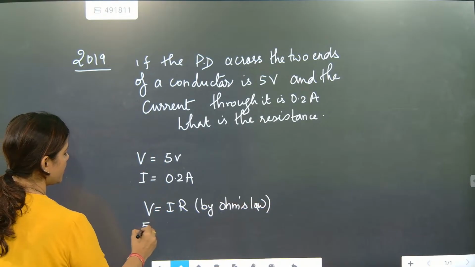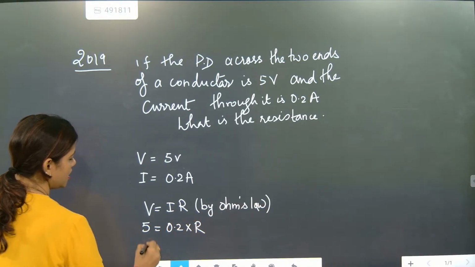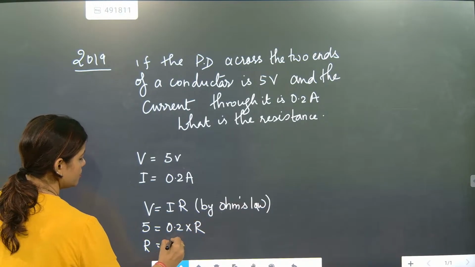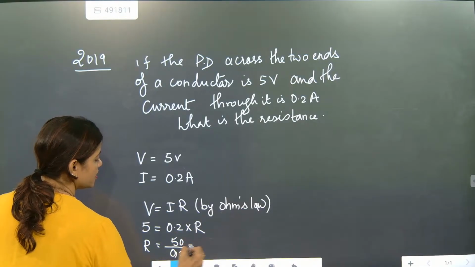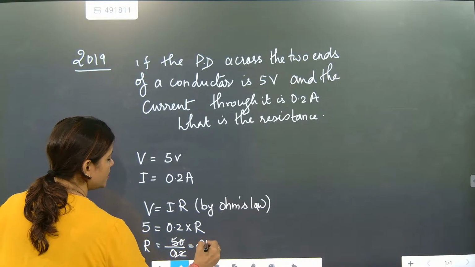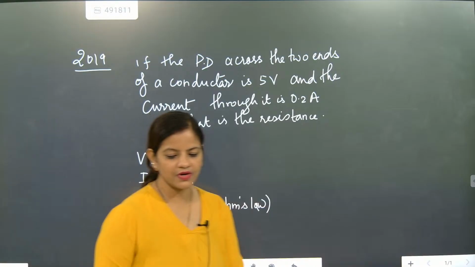V is 5, I is 0.2, into resistance R. So R is equal to 5 by 0.2. Cancel, 0 will come. It will come 25 ohms. Therefore, resistance is 25 ohms.